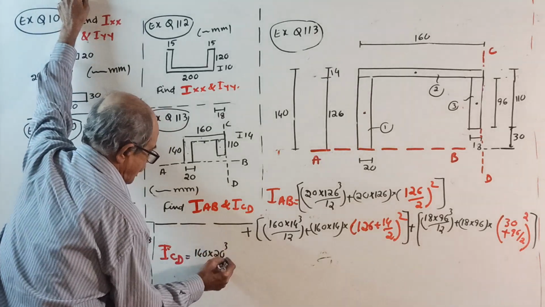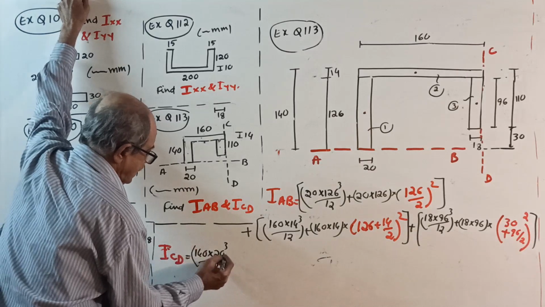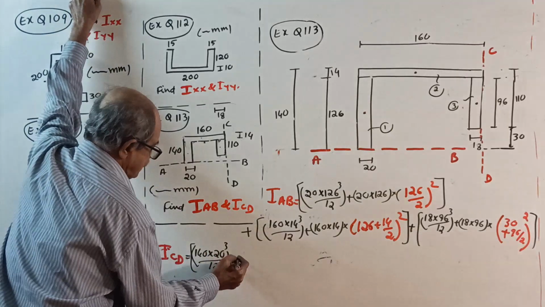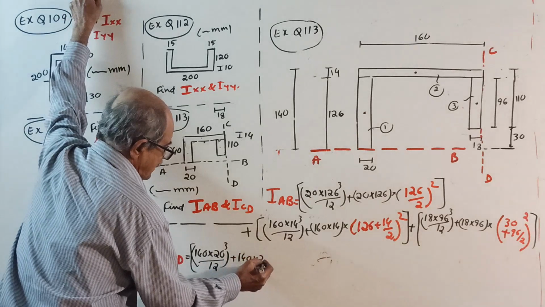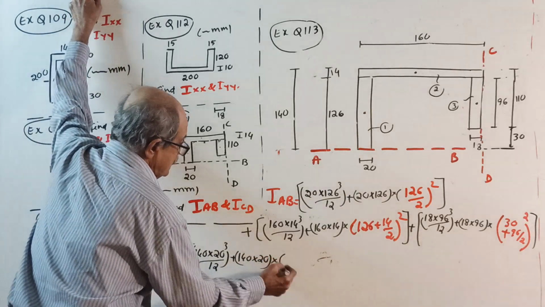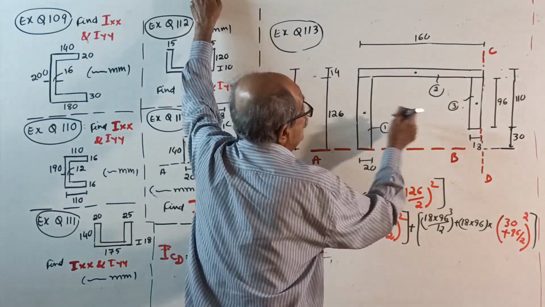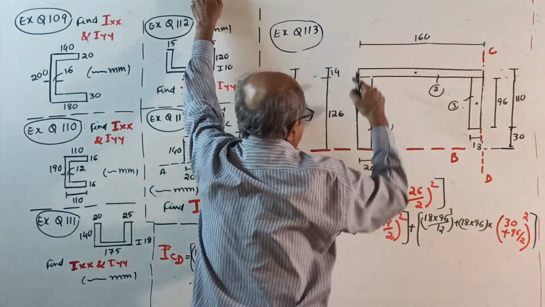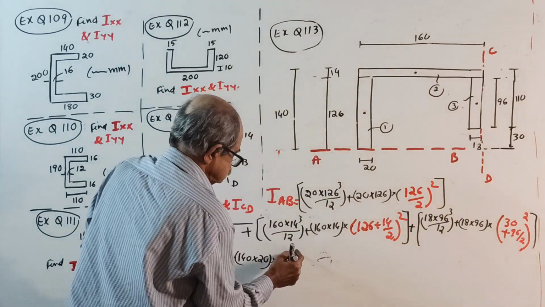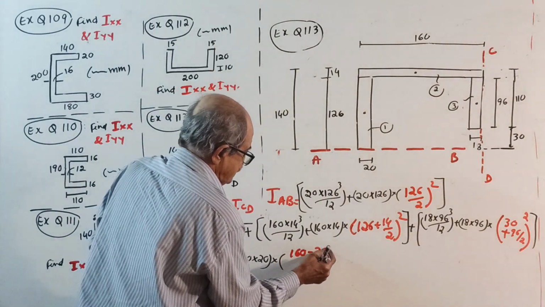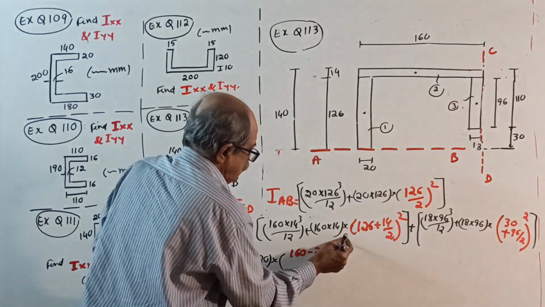140 into 20 cubed. I am telling you because if my writing is not clear, you can hear the voice. Plus 140 into 20 is the area, into here to here, 160 minus 20 by 2, whole squared.